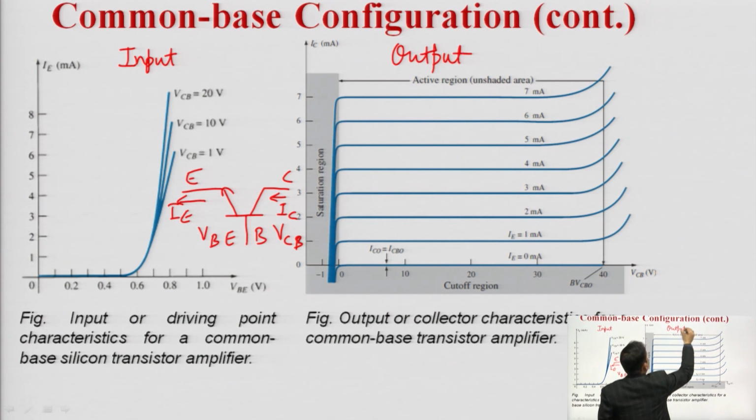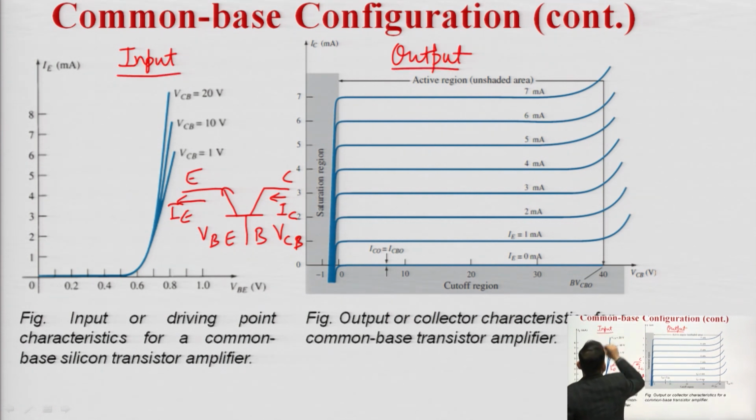So, the input characteristics are the curve between the input variables. If we see the input variables corresponding to the common base configuration, IE and VBE are the input variables, whereas the output variables are IC and VCB.